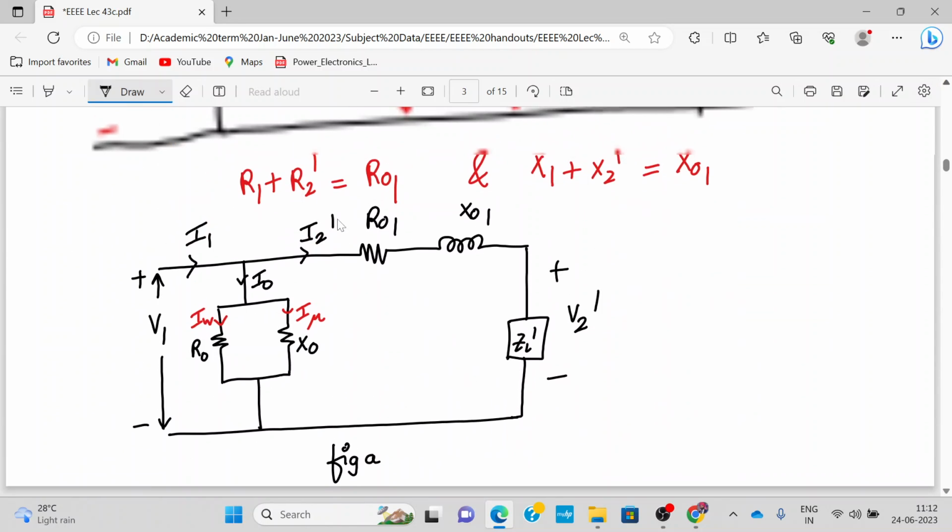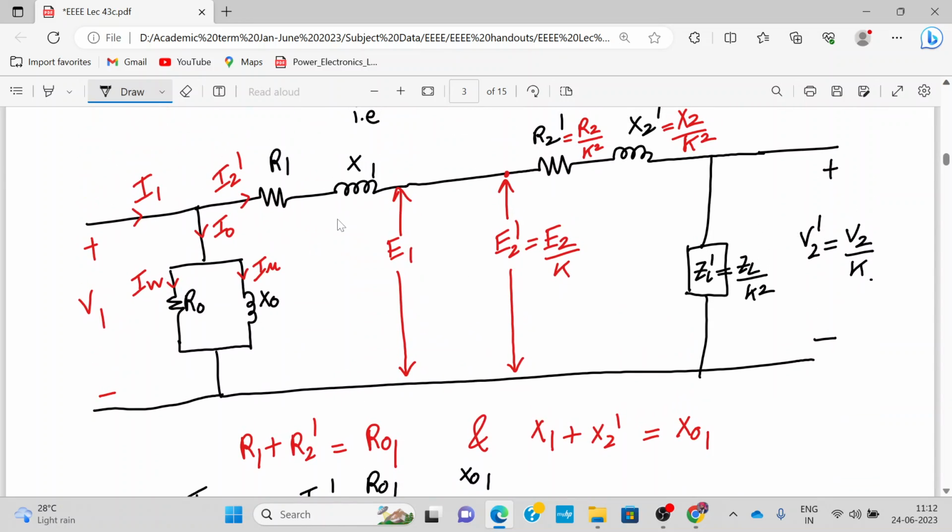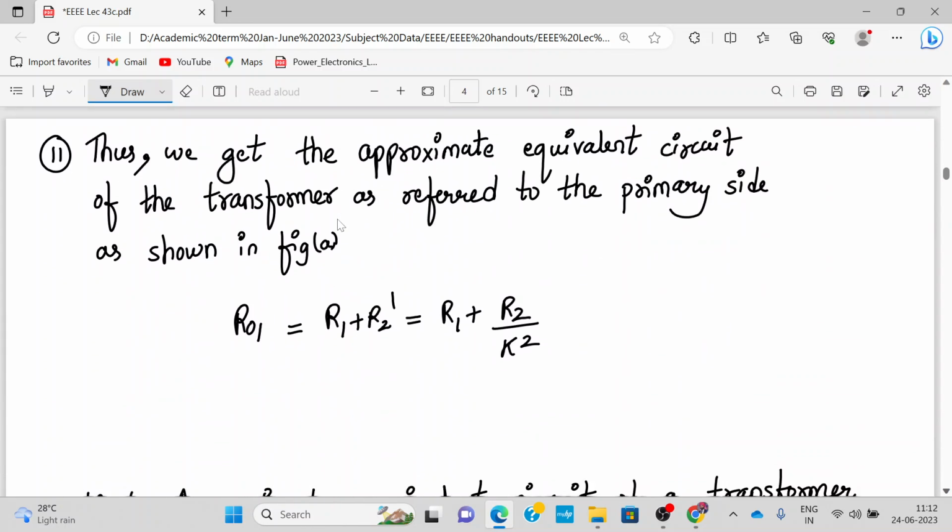Similarly, what will be XO1? XO1 will be X1 plus X2 dash, which will be X1 plus X2 upon K square.